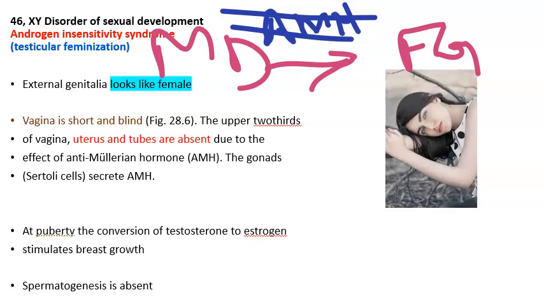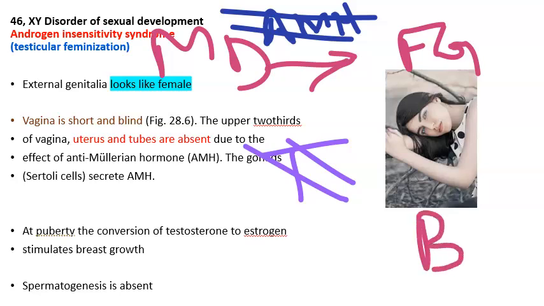Then this person also has testosterone insensitivity. So this person developed breasts. Because of testosterone insensitivity, the person also has a lot of feminine features. Okay.